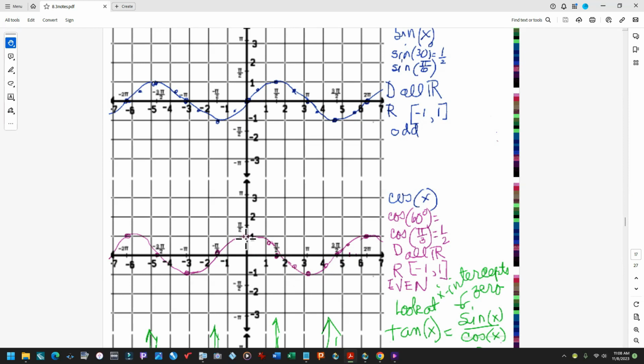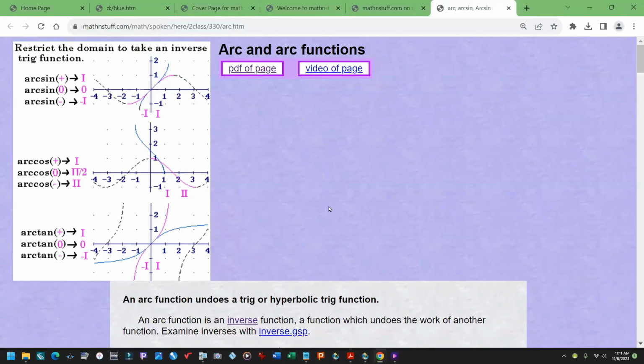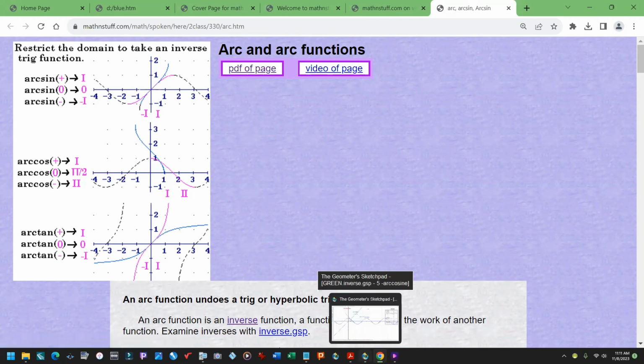So here we go from 1 down to 0, down to negative 1. We pass through positive values, we pass through 0, we pass through negative values. So what I want to do is look at the arc cosine. It's an even function. An even function doesn't look like an odd one.